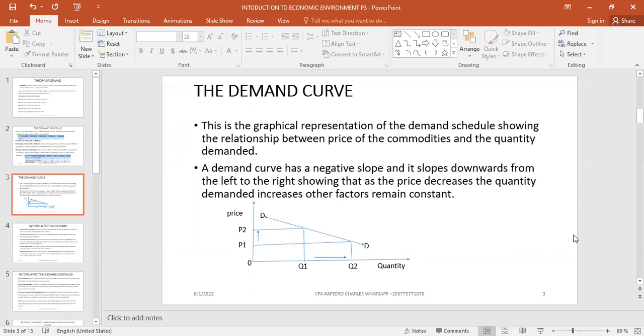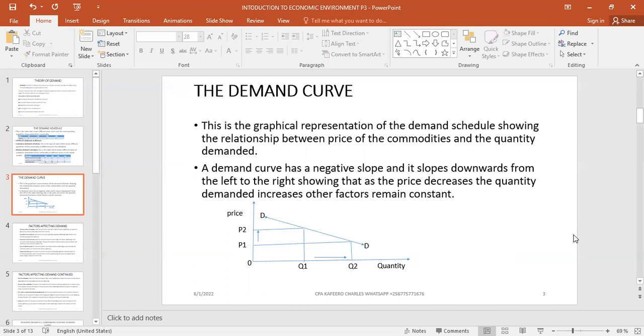What people bought from the market at different prices is what we really plot. We plot the prices at the y-axis and we plot the quantities at the x-axis, or the quantity demanded is always on the horizontal axis.